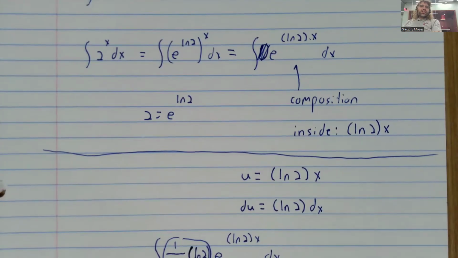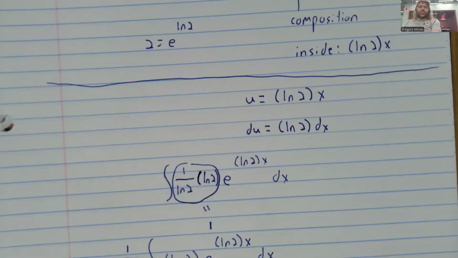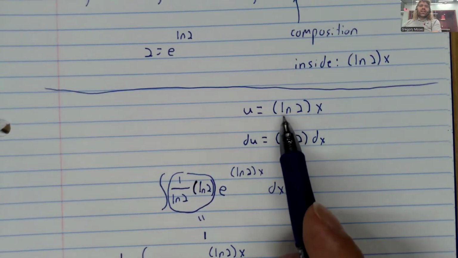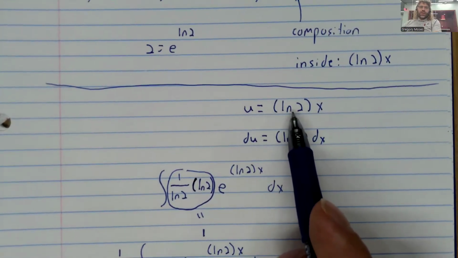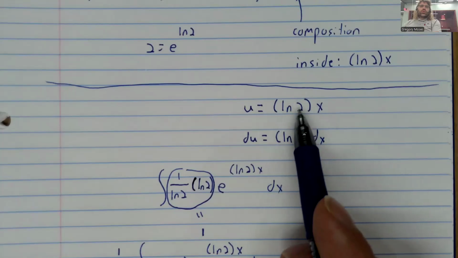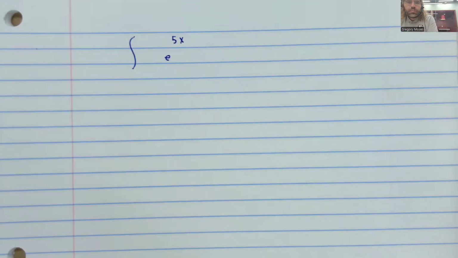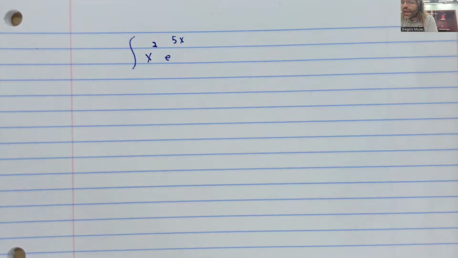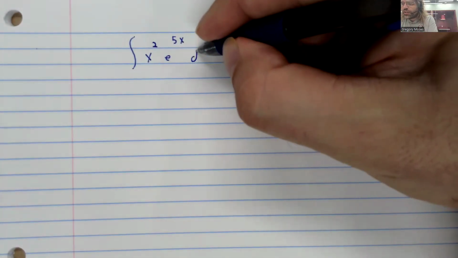As I end this video, I'll just emphasize that the fact that we were off by a constant was essential to this going through. Suppose we had e to the 5x, but we had an x squared in front of it.